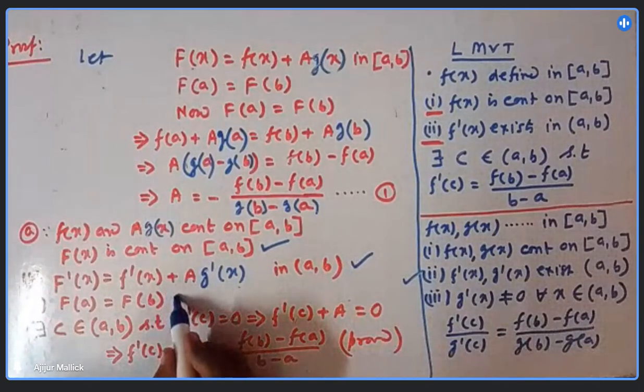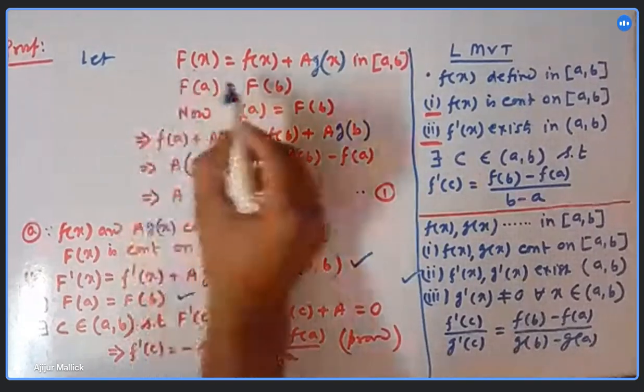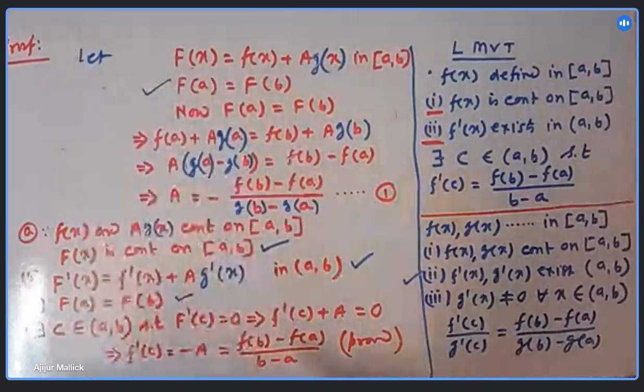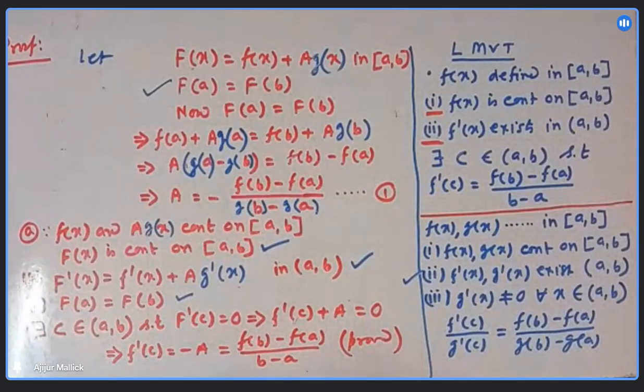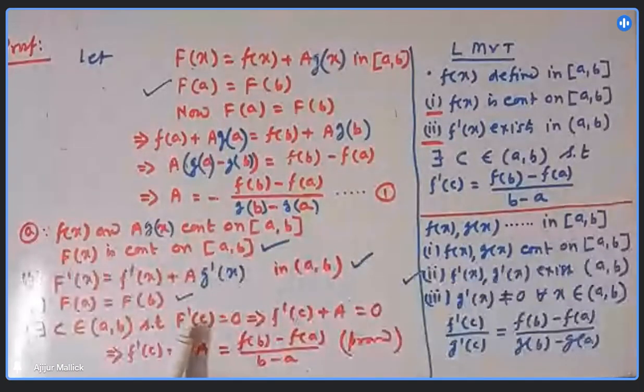And third condition, F of a is equal to F of b, we have assumed. So therefore, capital F function satisfies all conditions of Rolle's theorem in closed interval AB. Therefore, there exists C such that F dash C is equal to 0.